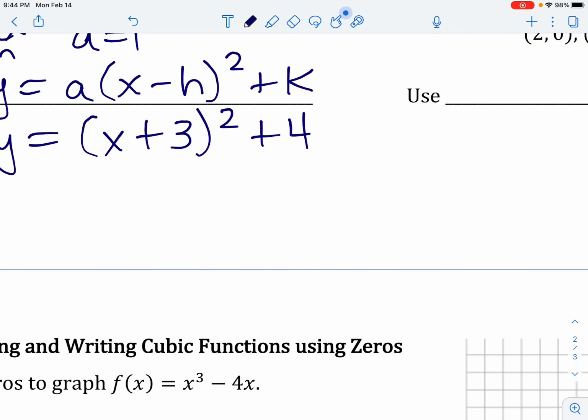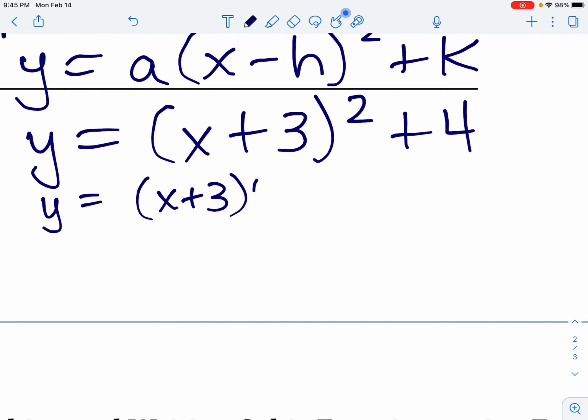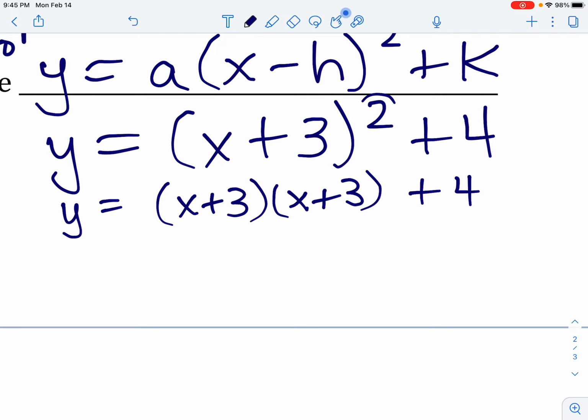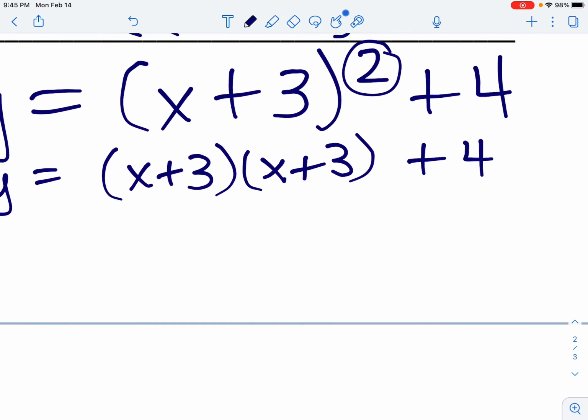Now to solve for that, we looked at this before. We have to expand this out. So we have y equals x plus 3 times x plus 3 plus 4. So x plus 3 squared means that I have to write that 2 times. Now I'm going to FOIL this out.